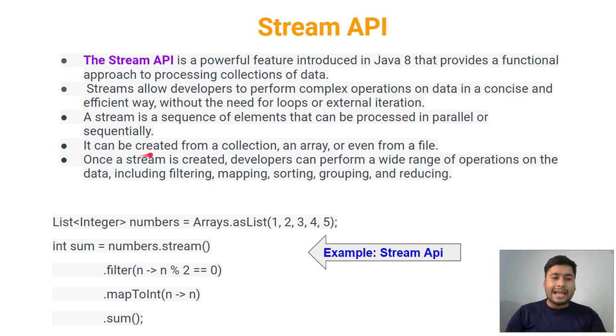It can be created from a collection, from an array, even from a file. Once a stream is created, developers can perform a wide range of operations on the data, including filtering, mapping, sorting, grouping and reducing the data.